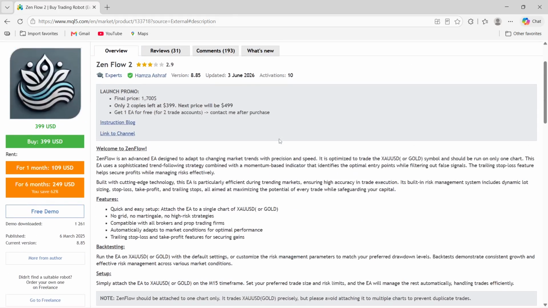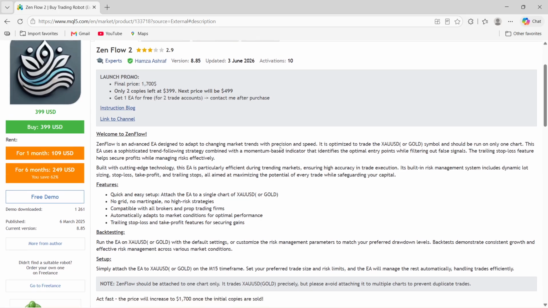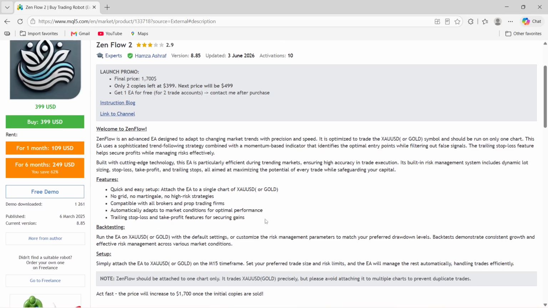So from the developer's own words, the story is: only on M15, trend plus momentum logic, no greed, no martingale, no high risk strategies, tight risk controls, and extremely strong growth in the backtest.